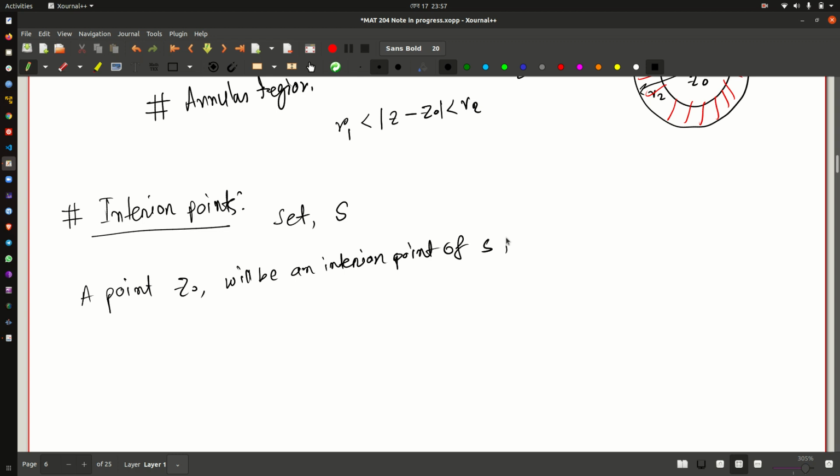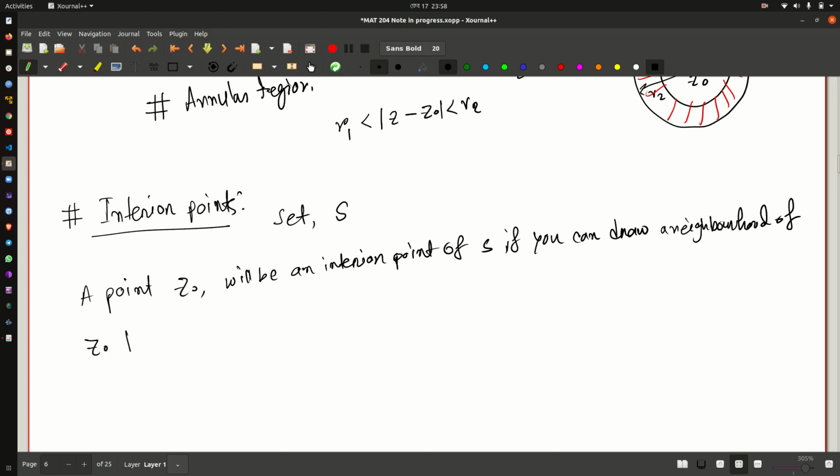I'm saying draw, but this actually means that if you can define a neighborhood of Z0 that is entirely contained within S.